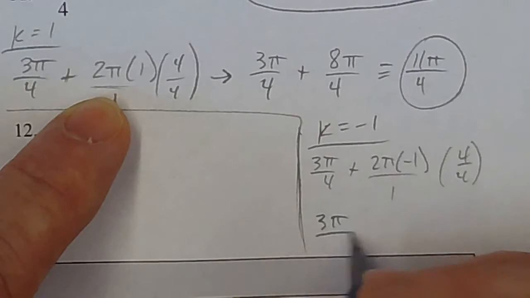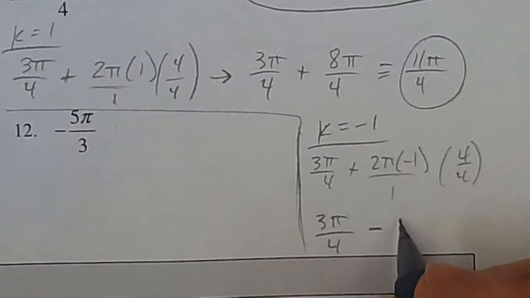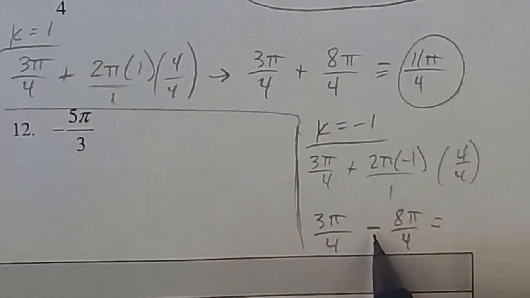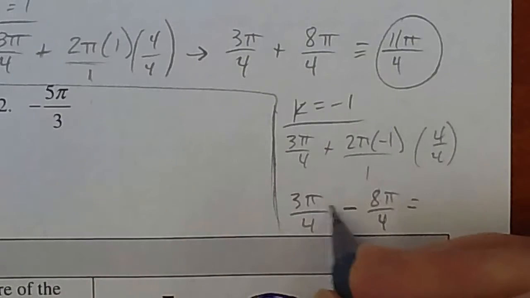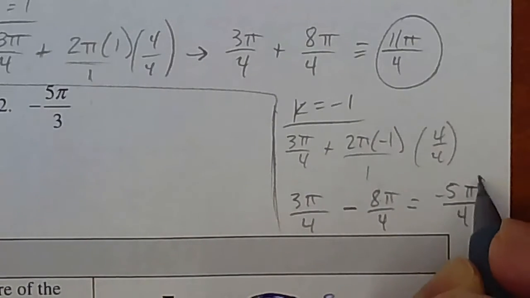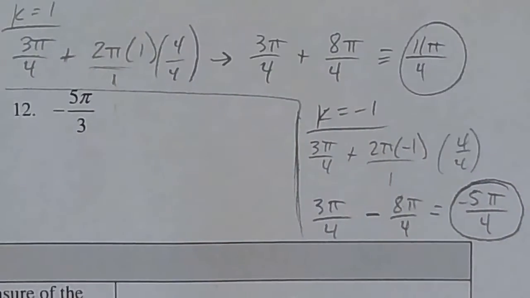So I have 3 pi over 4 plus a negative, or you can just put minus if you want, minus the 8 pi over 4. So 3, take away 8, these are like terms, so we say negative 5 pi over 4. Okay, so there we go. I got one positive, I got one negative, we're all set.